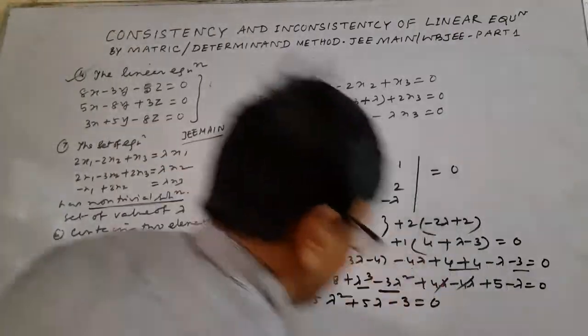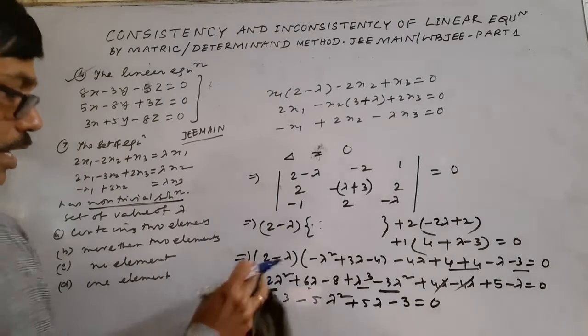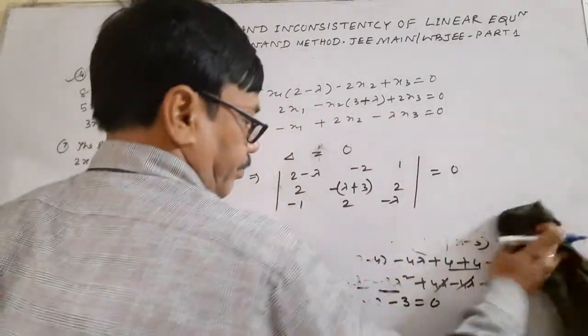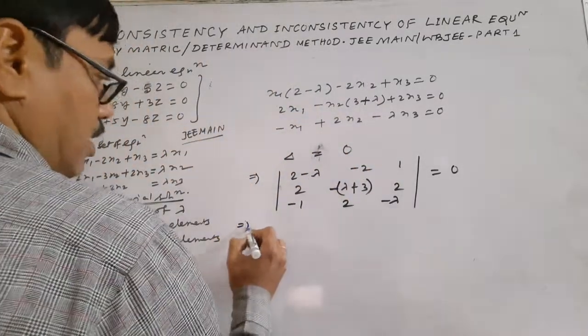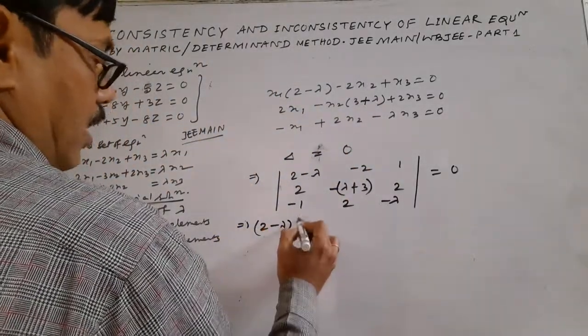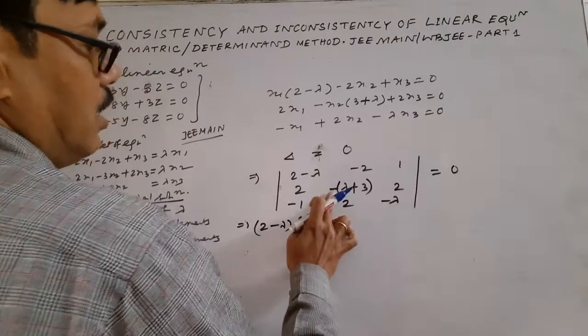So we expand it. So this implies 2 minus lambda, so this is negative, this is negative.